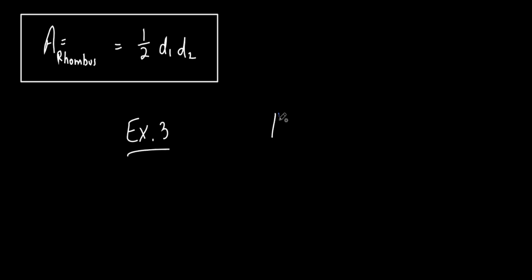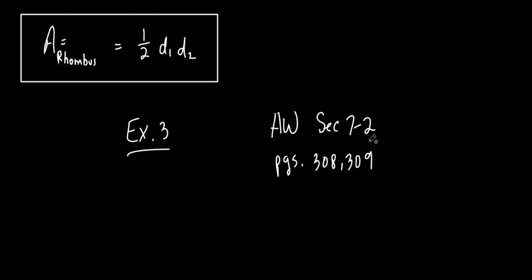So here's your homework. Your homework is section 7.2. And it's pages 308 and 309. And it's 1 to 14. Actually, I lied. It's 1 to 7. I got to change that on my notes. Here's what it is on the lesson plan.